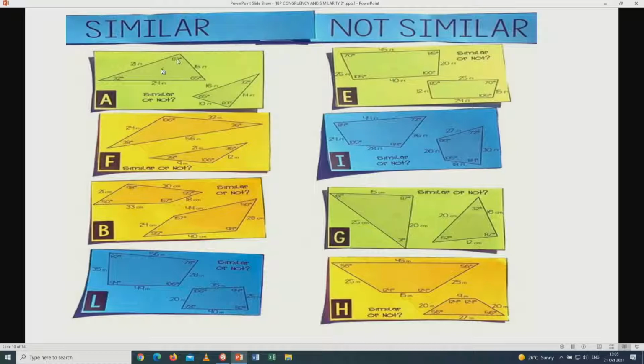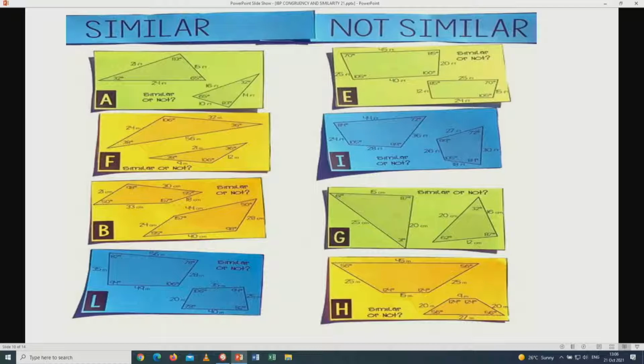This angle is 83 degrees, this one is 80 degrees. This angle is 65 degrees, this one is 65 degrees. This angle is 32 degrees, this angle is 32 degrees. So similarity: same shape, different size, but angles must be equal.